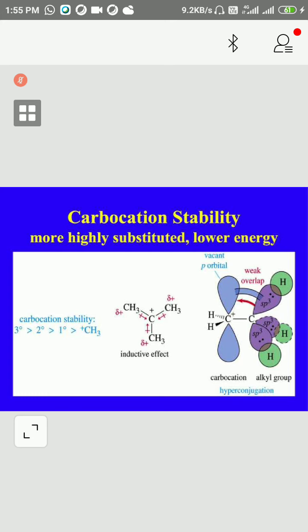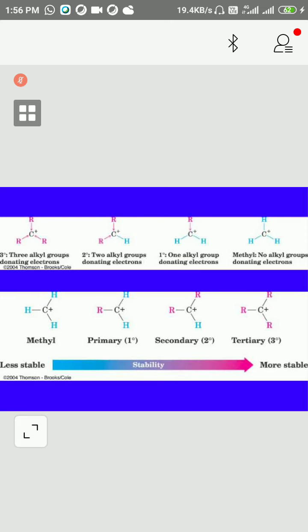So in place of two methyl groups, two hydrogens are here, and one CH3 group is stabilizing this carbocation. But in this case, three carbons are there, so it is more stable than this one. You can see here also: tertiary is more stable than secondary, than primary, than methyl.